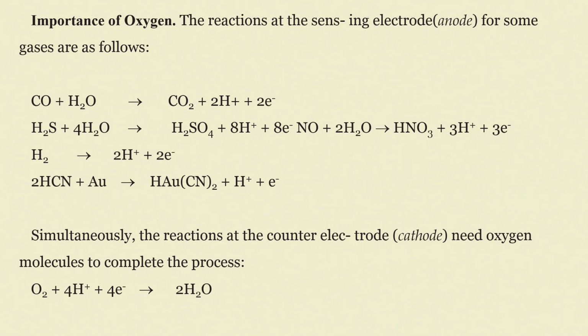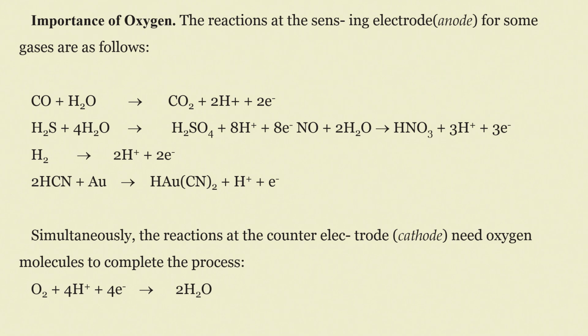And another important reaction is HCN. If you want to monitor cyanide gas, then the best way is to put an electrochemical sensor containing gold. Gold will react with HCN to form aurocyanide complex, that is HAu(CN)2, releasing one hydrogen and electrons.